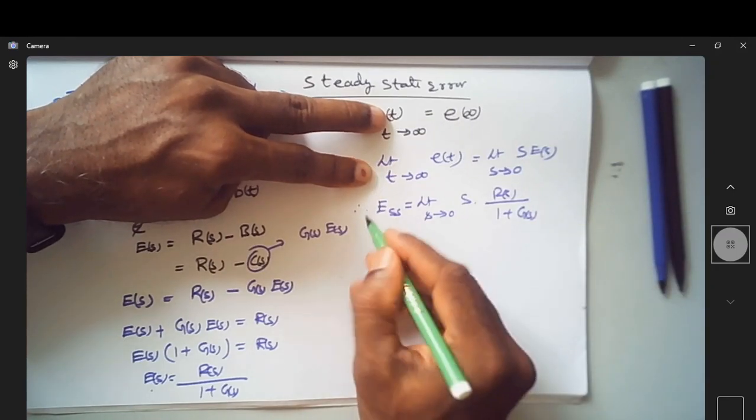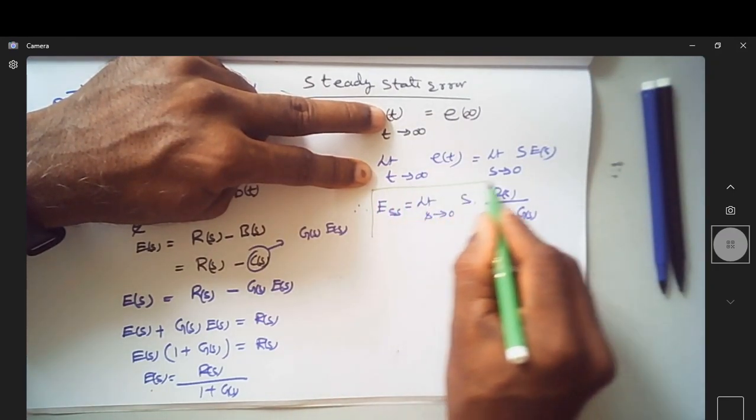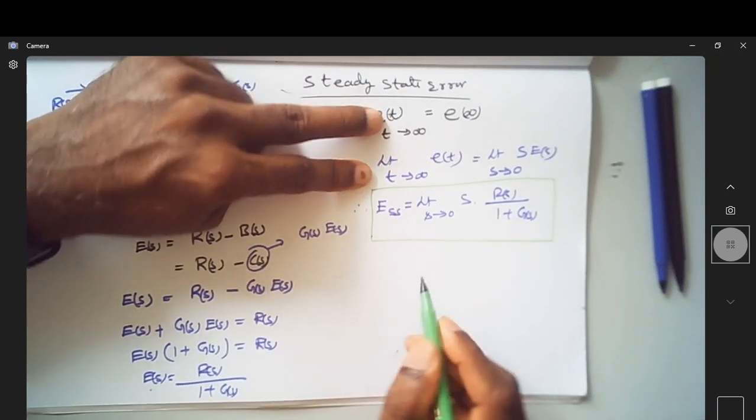So this becomes your equation for steady state error.